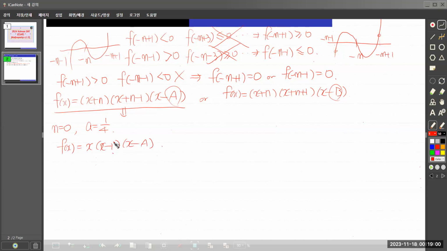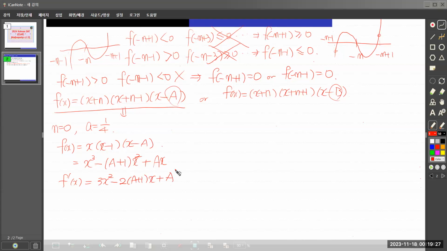So you can compute this one. This is equal to x cubed minus (a plus 1) x squared plus ax in here.